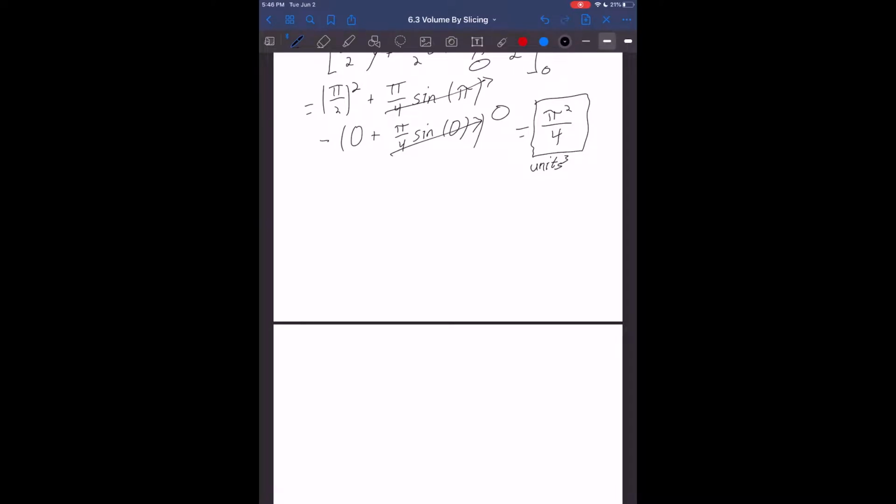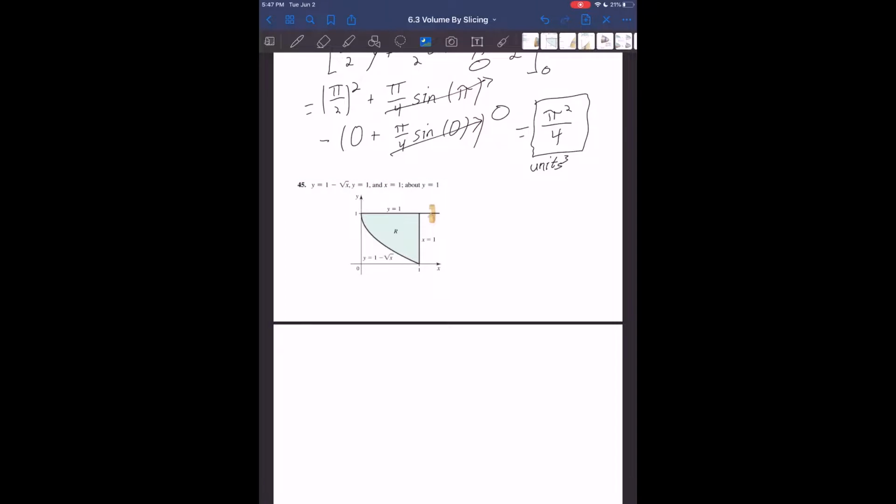The other thing that we can do is revolve around axes that aren't the x-axis or the y-axis. I have another picture for this as well. This is problem 45 from the textbook.